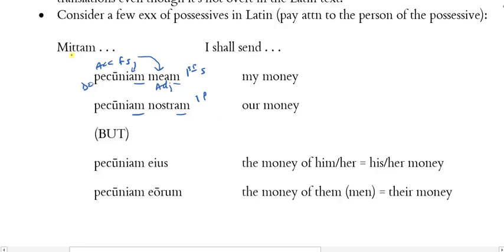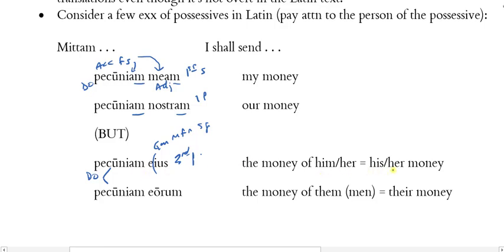And then if I want to put a different direct object here, then it's mittam pecuniam, in both of these, but now I have eius. This is a third person possessor, and notice I am going to the genitive, masculine, feminine, or neuter singular. Now, not very likely that this would be neuter, but eius could be masculine or feminine. So it's I shall send the money of him or the money of her.